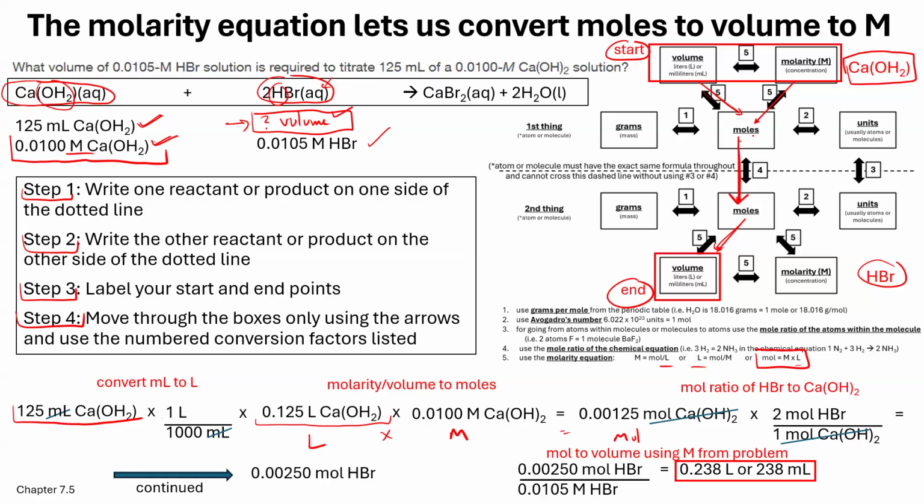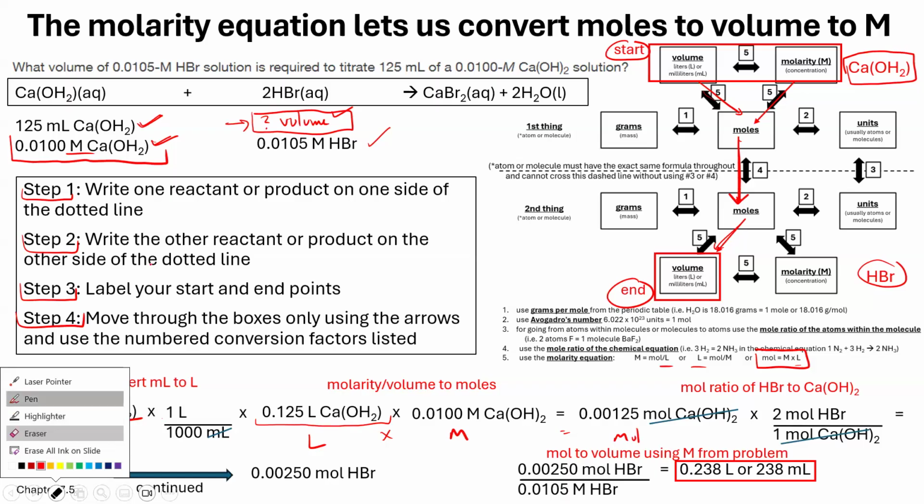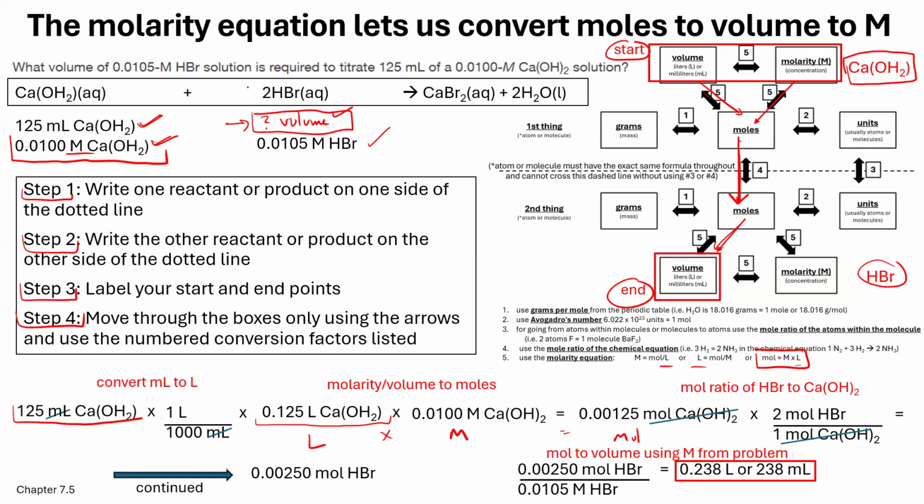Once we're at moles of calcium hydroxide, we need to use the mole ratio of HBr. Sorry, it's a little messy up there. Let me erase some of this so we can show you the mole ratio. This is 2 hydrobromic acid to 1 calcium hydroxide, since there's no coefficient.